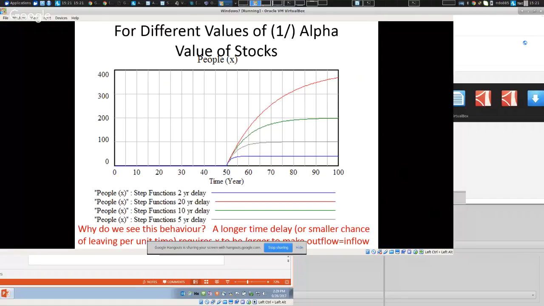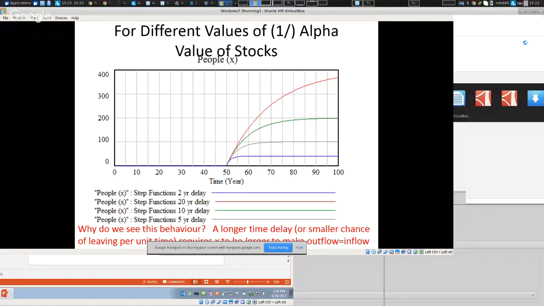Which of them yields a higher equilibrium value of the stock, a value at which it's in balance for a given inflow? Yes, 20 years is bigger. What is the key thing that distinguishes a stock that's in equilibrium? It's the fact that inflow equals outflow. That's what it needs to be in balance.